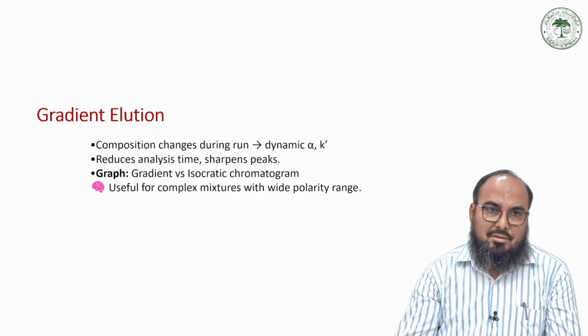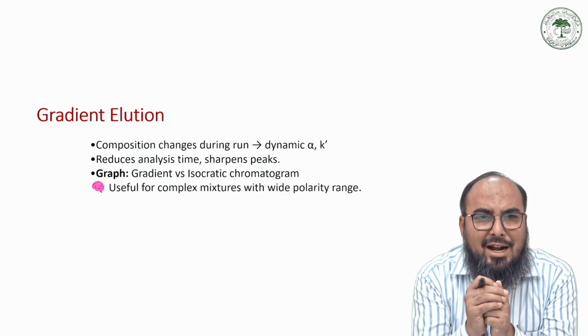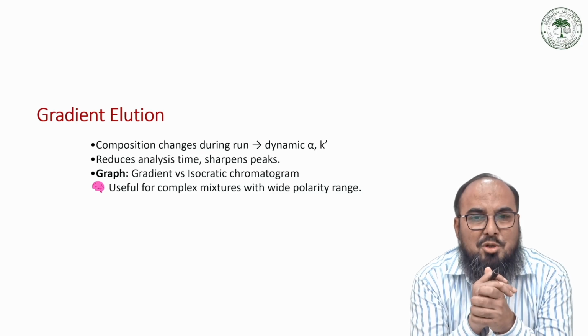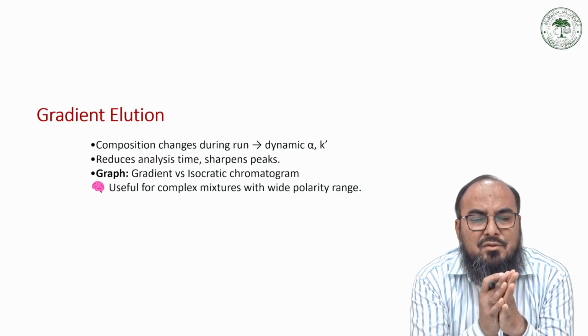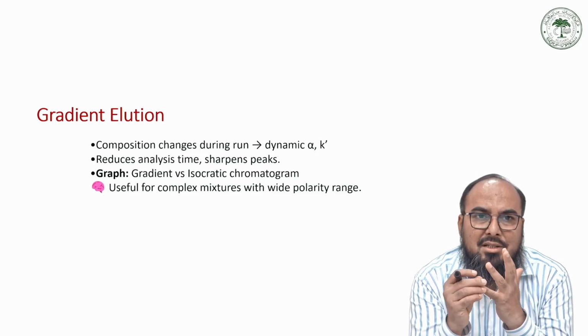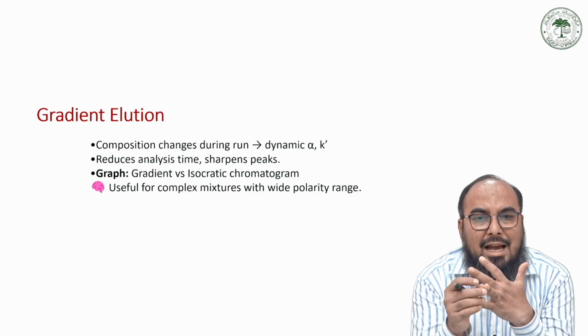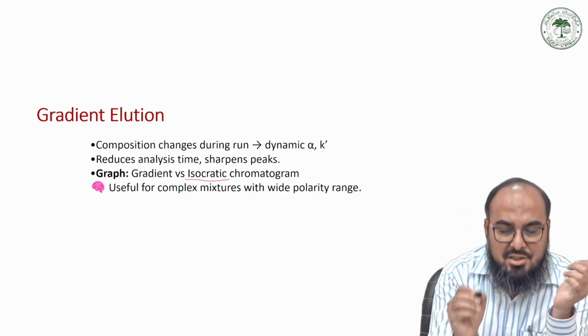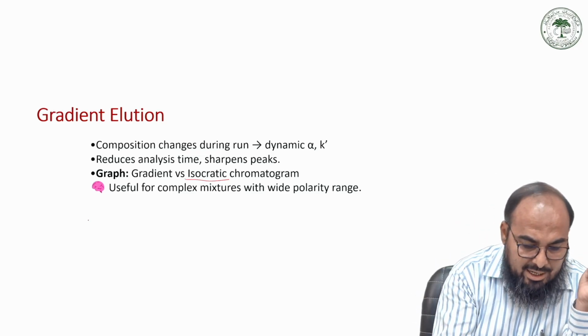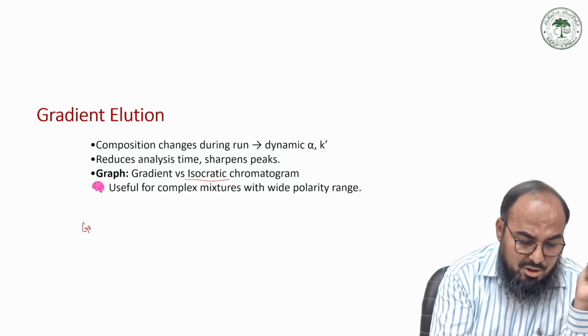Now, gradient elution. This is a very interesting parameter. Generally, we have two types of elution. Number one is the gradient elution, and number two is the isocratic elution.